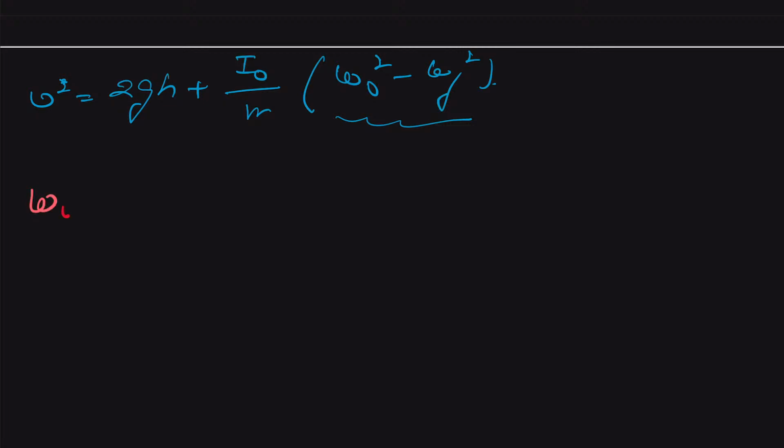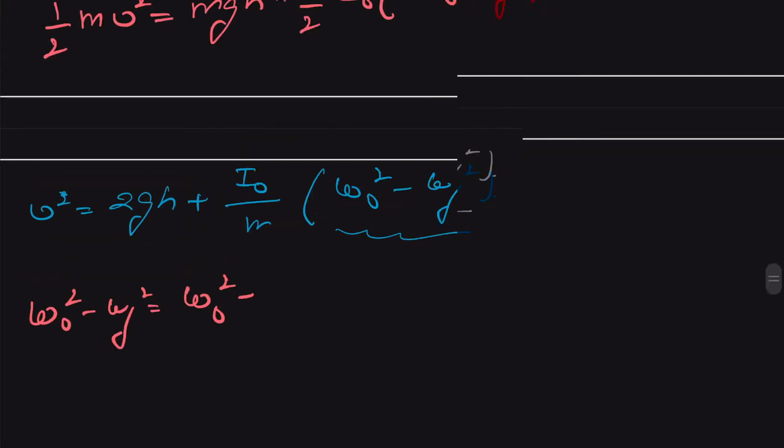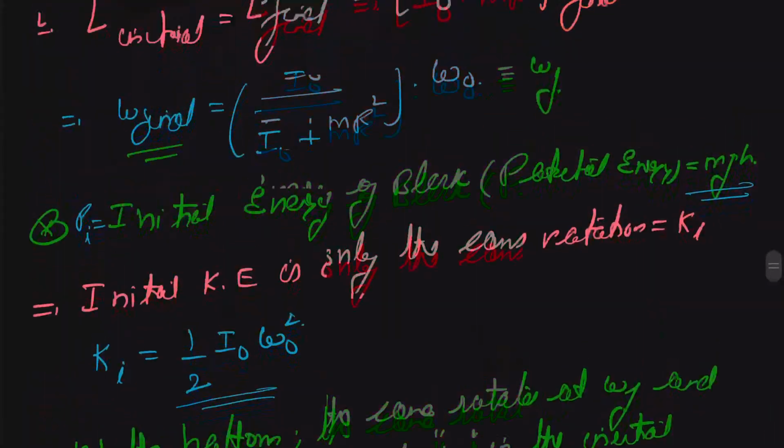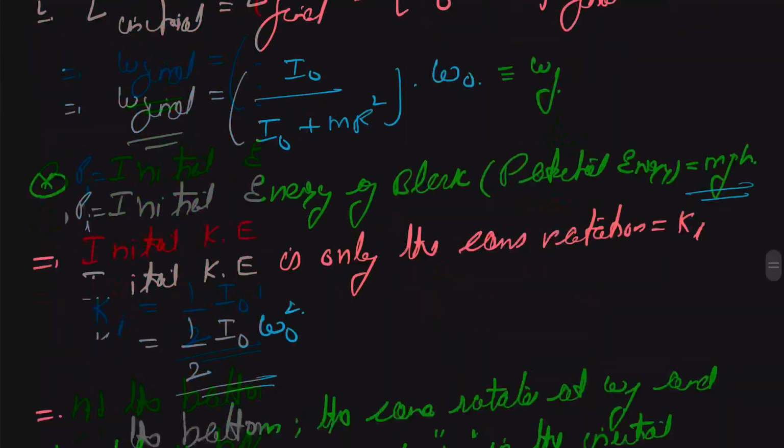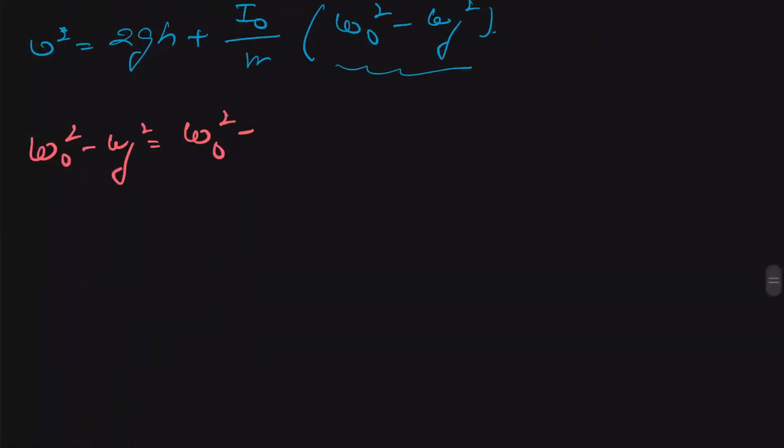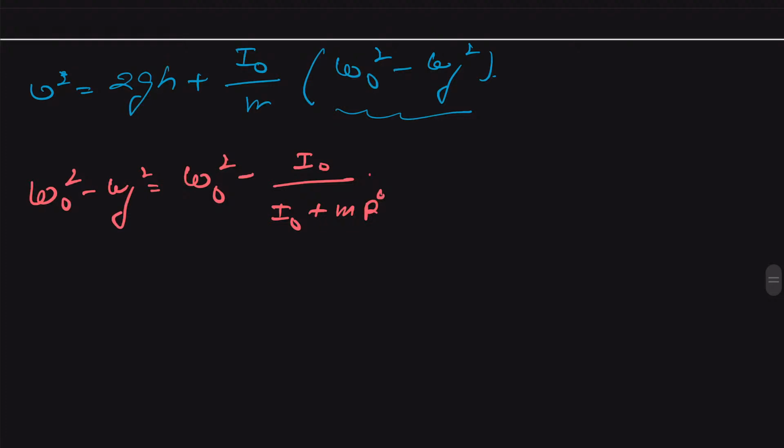So we take omega naught square minus omega f square. We substitute omega f, which is I naught upon I naught plus m r square, times omega naught, whole square.